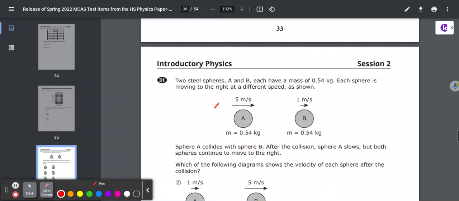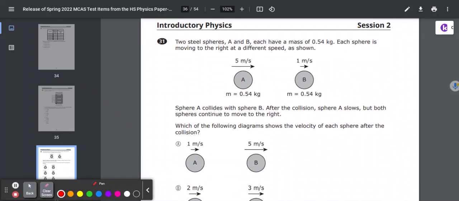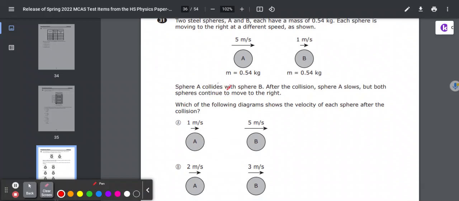Move on. Two steel spheres A and B each have a mass of 0.54. Each sphere is moving to the right. They collide. Sphere A slows, but both spheres continue to move to the right. Since A slows after being hit, we can assume that B has a greater speed.